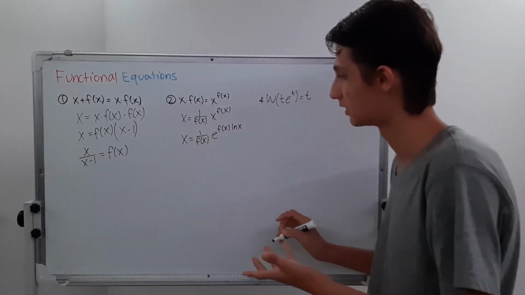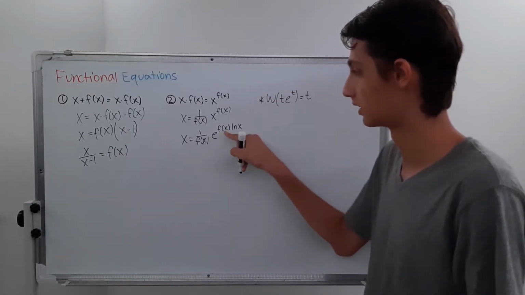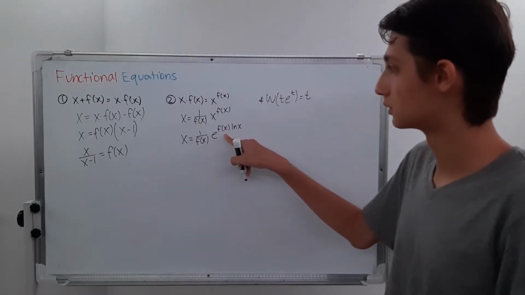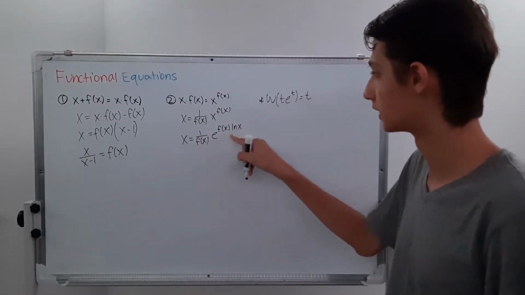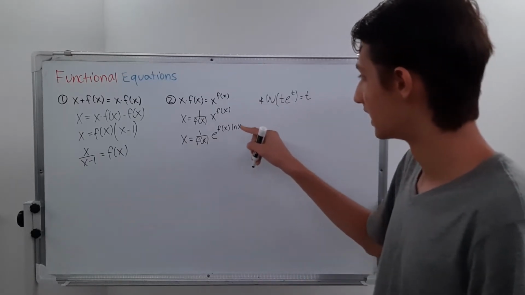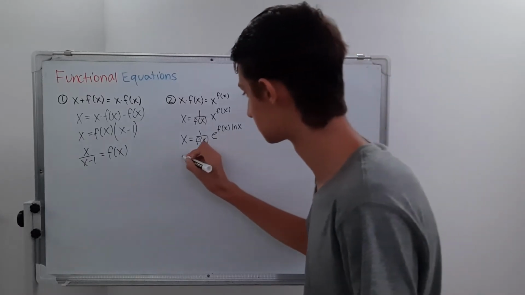Okay, well, how does that help? Well, we have the e now. We have the f of x there and the f of x there also. So this is actually really good for us because we're starting to be able to do this. This is an f of x to the negative 1 power. I can just rewrite that here.